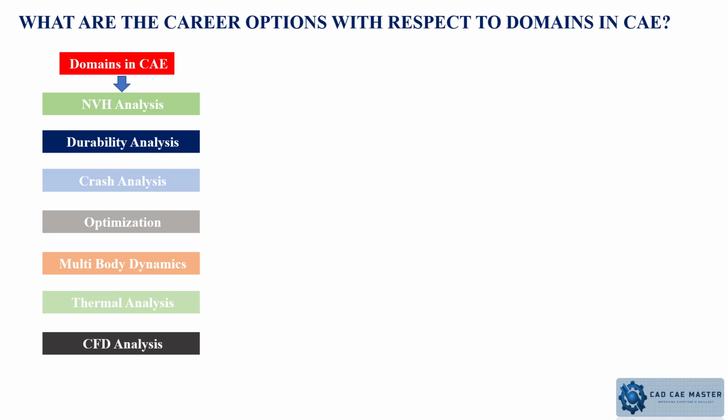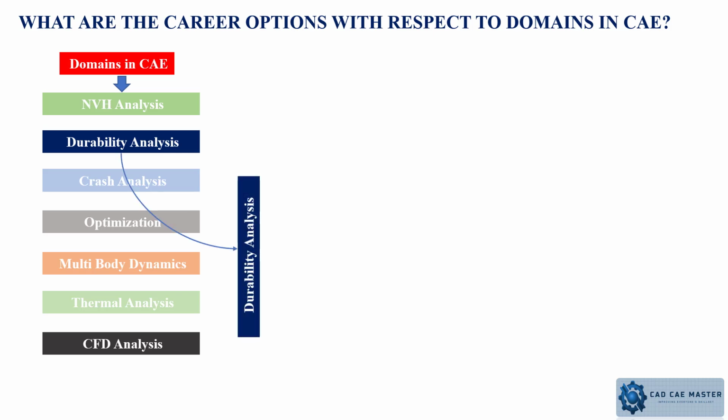So depending upon your interest, you can choose. So I suggest NVH, durability and optimization are the best suited for the beginners, the fresh graduates. They can just use these domains to become experts in them. Well, let's see some examples here.